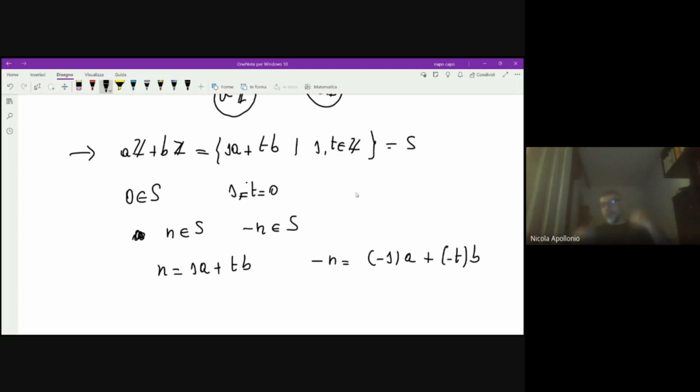Closed with respect to an operation means that every time you apply this operation to an element of the set, you are still in the set.